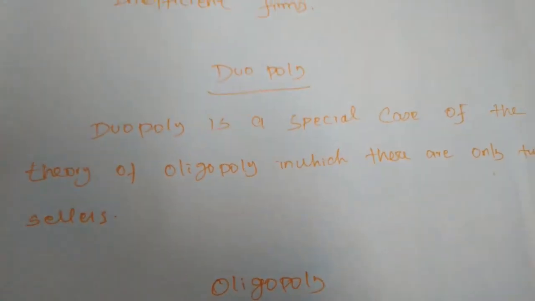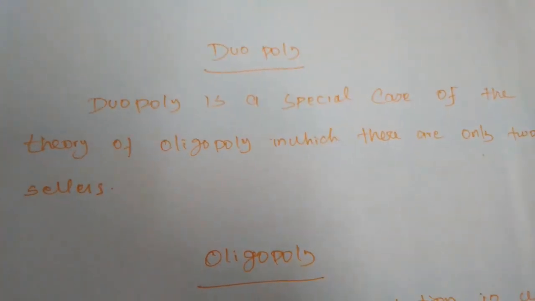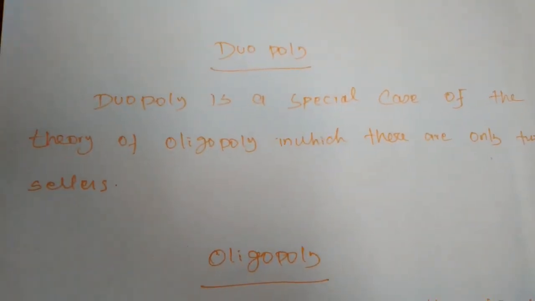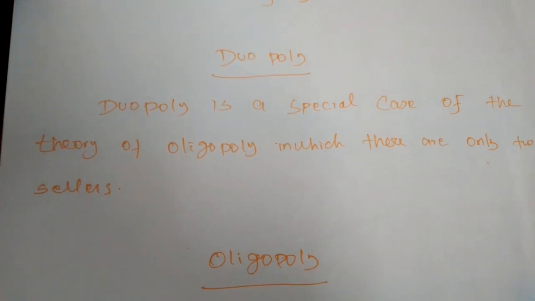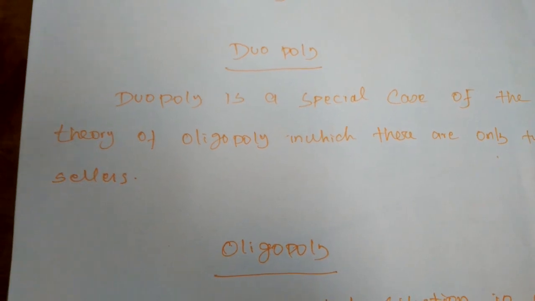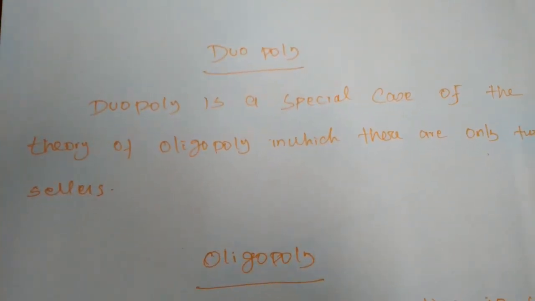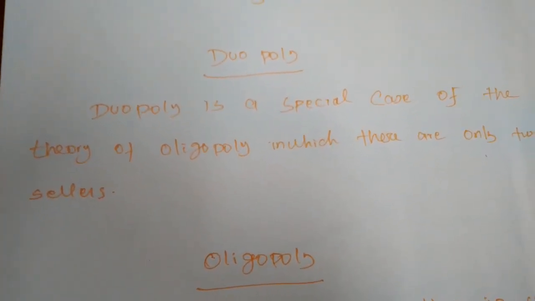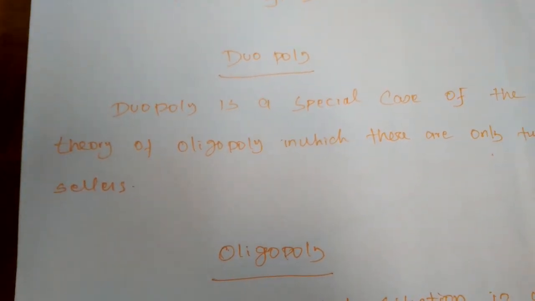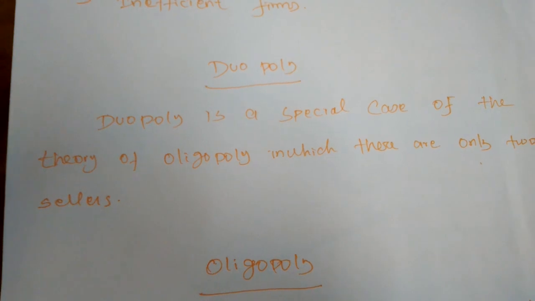This duopoly market also has some characteristics. What are the features of this duopoly market? First, each seller is fully aware of his rival's motives and actions. The 2 sellers will have more awareness of their rival's motives and actions.